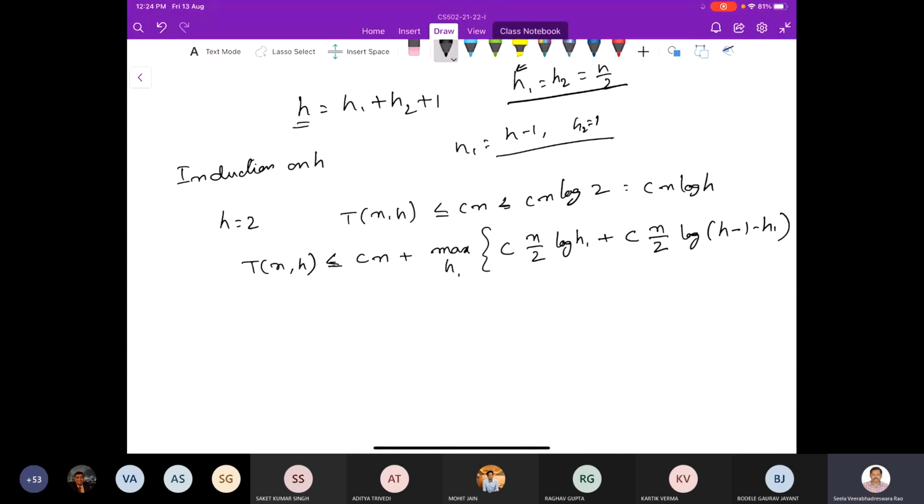If you simplify this, you can take out cn by 2 and take the max inside.